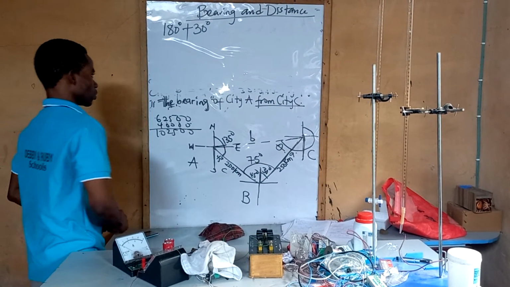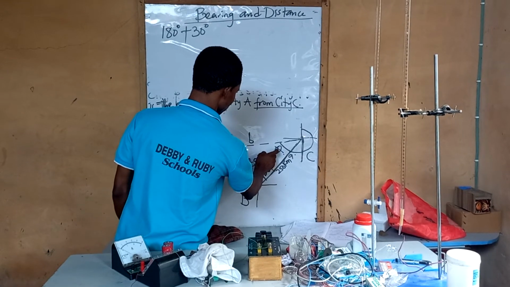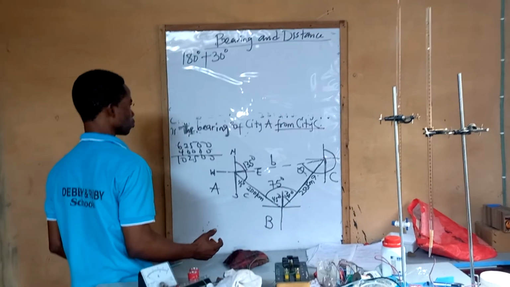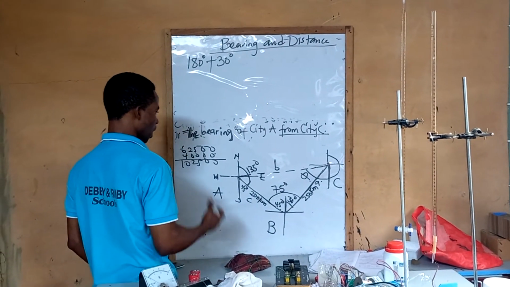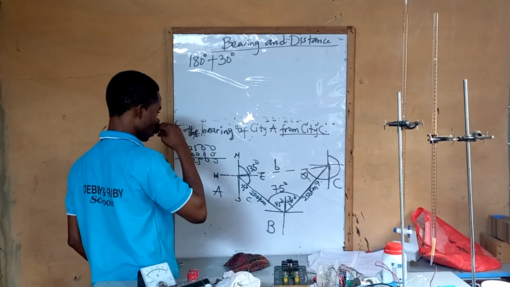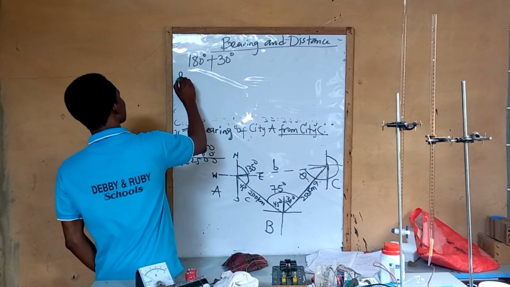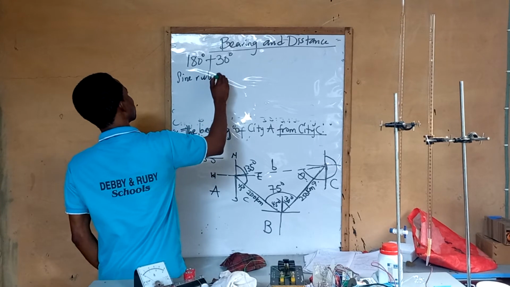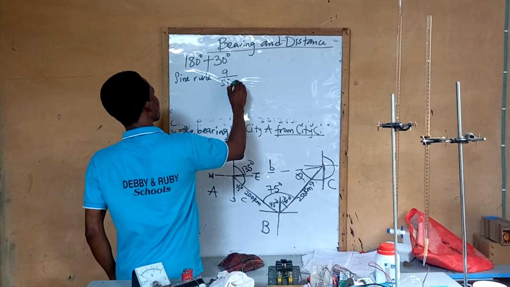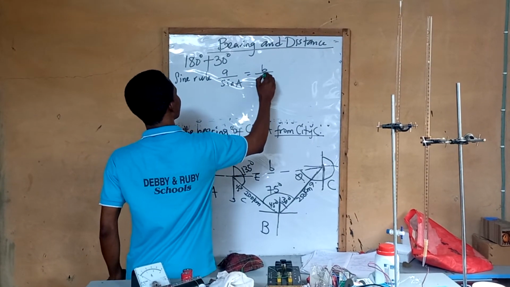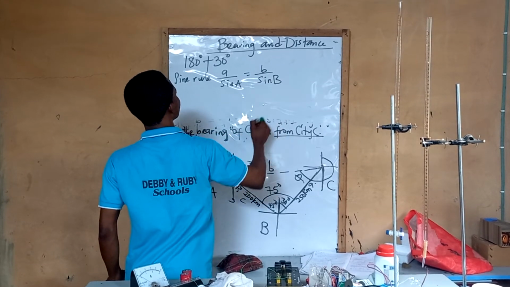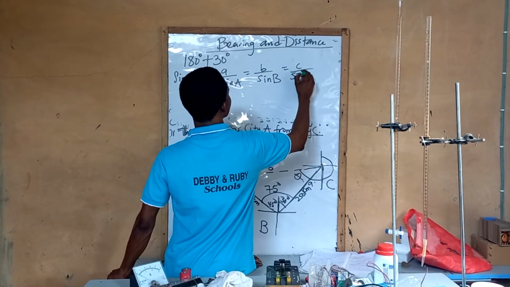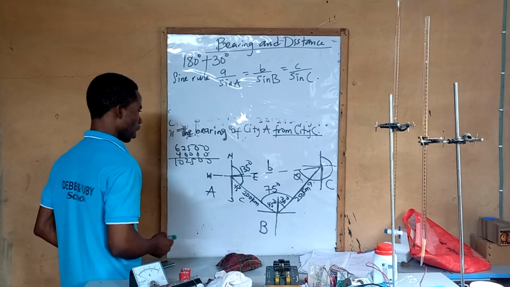Now, for me to get this place, I can use the sine rule. So the sine rule is a over sine A equals b over sine B equals c over sine C. And how will I apply this?